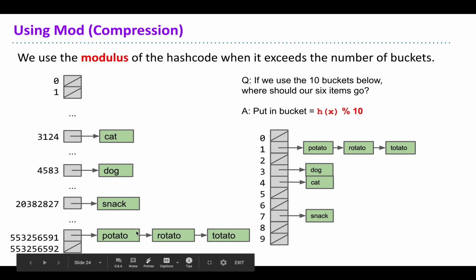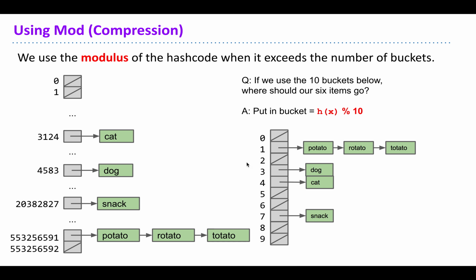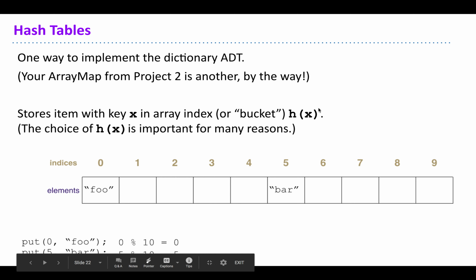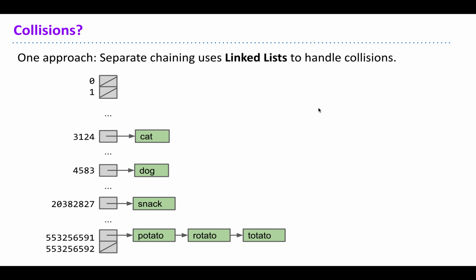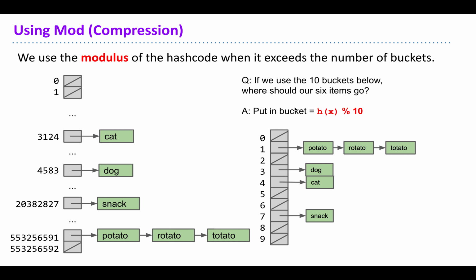So what you need to do is mod by your table size. So you would take this number and mod it by 10, and that actually just gives me 1, right? Because anytime I mod any number by 10, it's going to give me a value between 0 and 9. So you're guaranteed to get a valid index in your table with this.